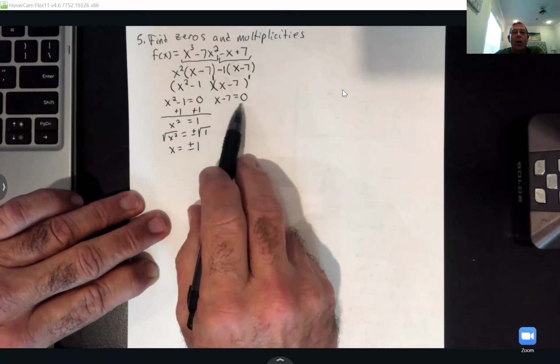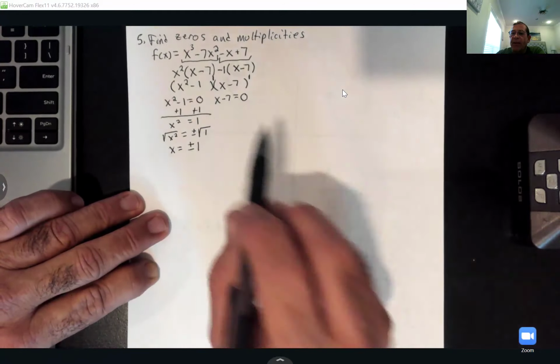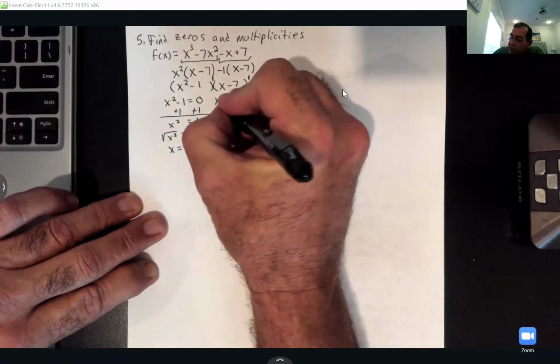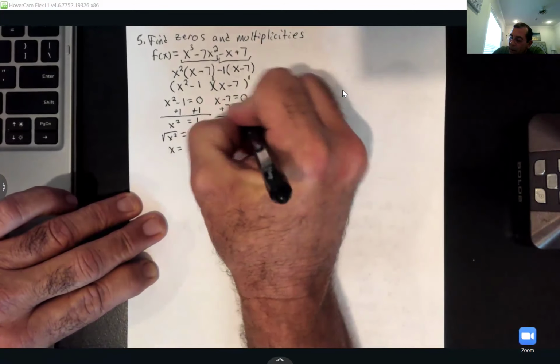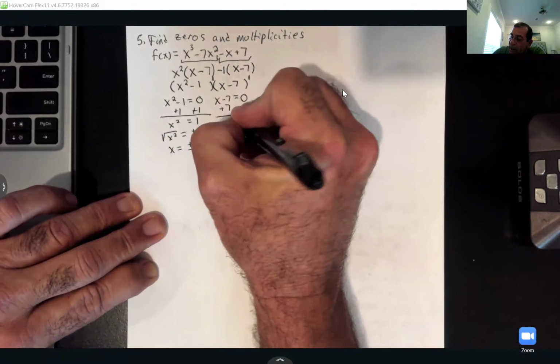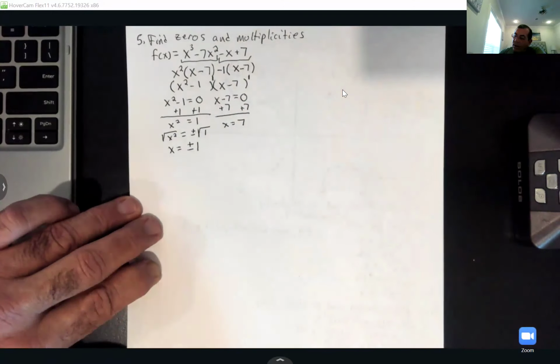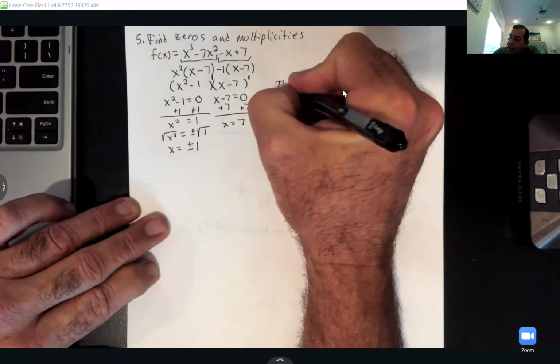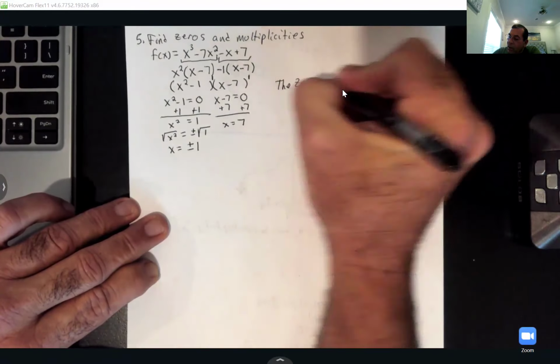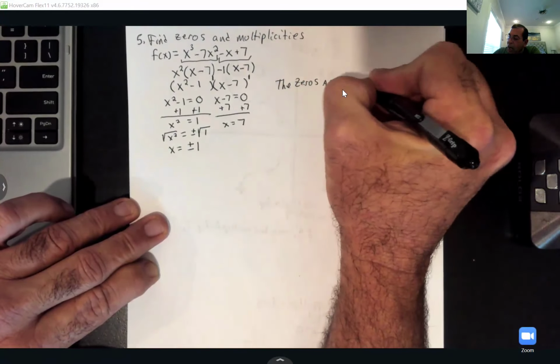Now I'm going to get the third one by adding 7 to my other equation, and I'm going to get x equals a positive 7. So the zeros are blank.